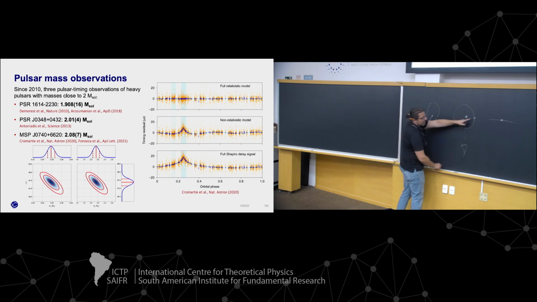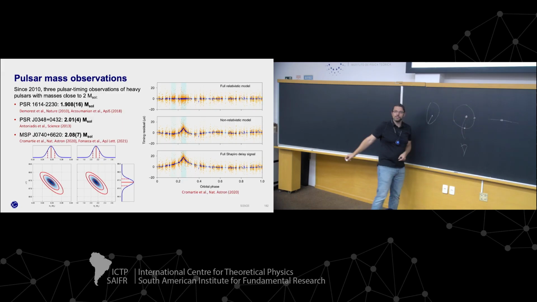If the second star is massive enough, and it's here, the light that you will see will be bent towards you, right? The gravitational field of this star will bend the light. But if you look at this, the travel time here is slightly larger than if this star would be on the other side, where the light would go directly to you. There's a time difference, there's a time lag. There's a delay of the radio signal we see from the pulsar. And that's the Shapiro delay.